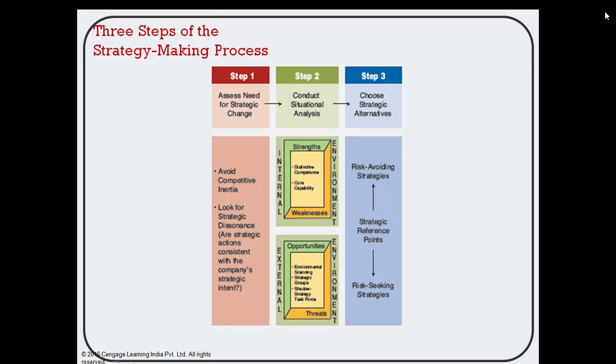They have to come out of their state of rest, identify the need of the hour, and offer what the market is looking for, what the customers may be demanding. And they have to look for, as you read here, strategic dissonance.